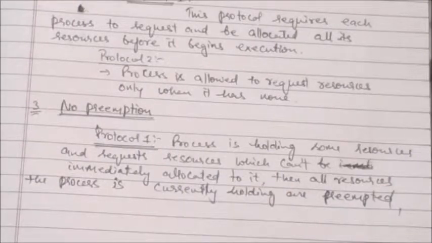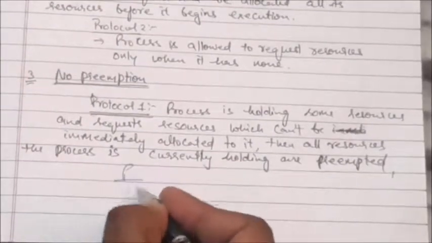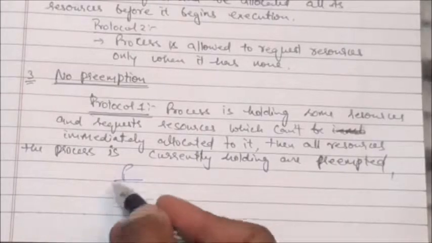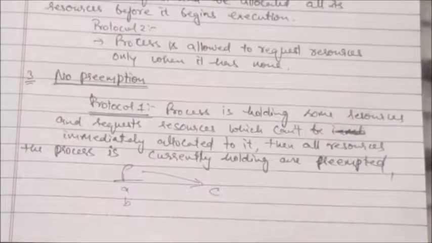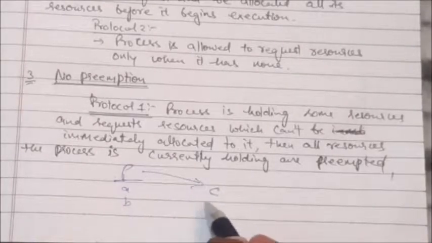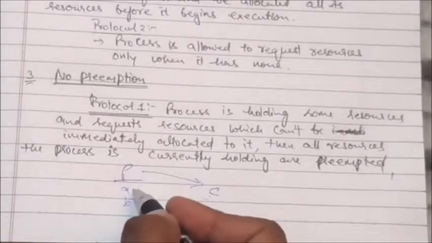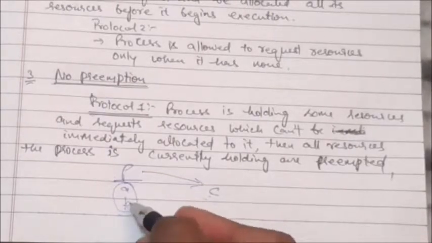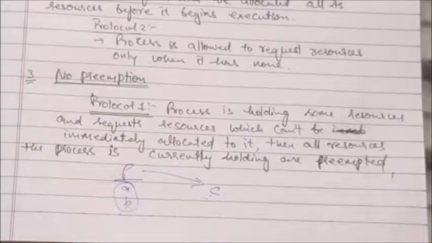Suppose there is a process P holding two resources A and B, and it requests another resource C, and C is not allocated immediately. Then the two resources A and B which process P is holding will be taken away from process P.